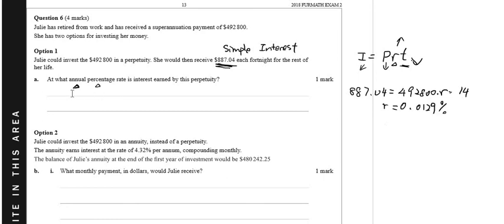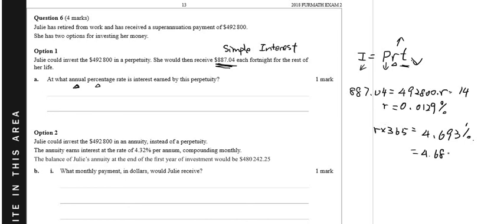Now, because the question asks for the annual percentage, this is the rate per day. So for per annum, we need to multiply the number by 365. So R times 365. The value on my calculation is 4.693%. Now in the answer it says 4.68.